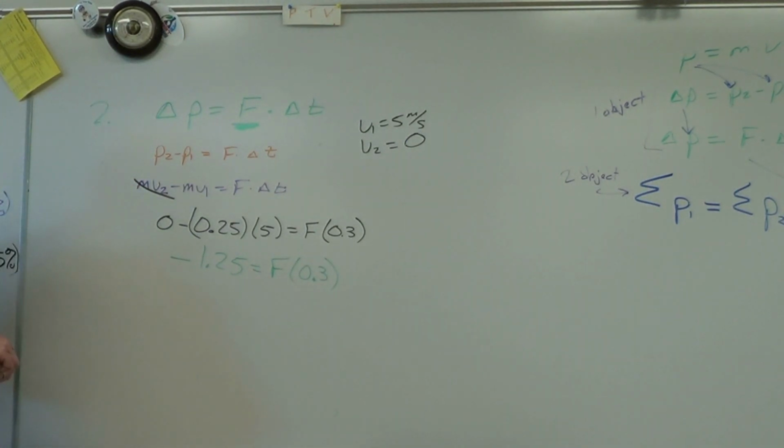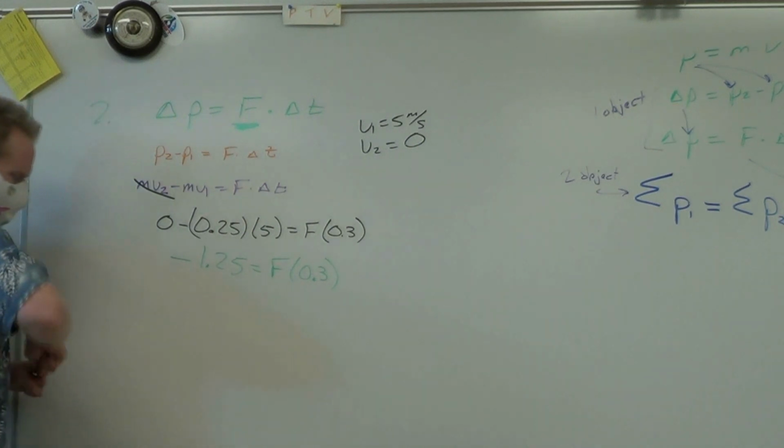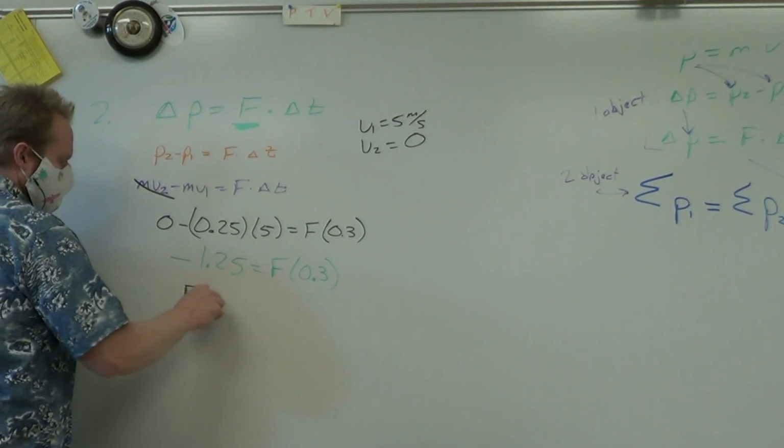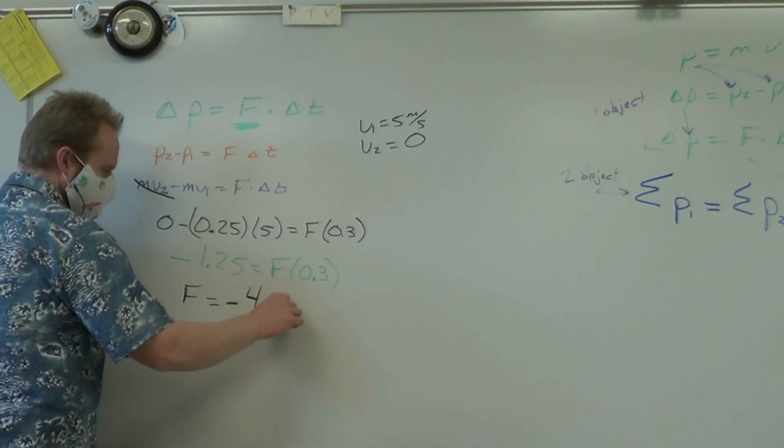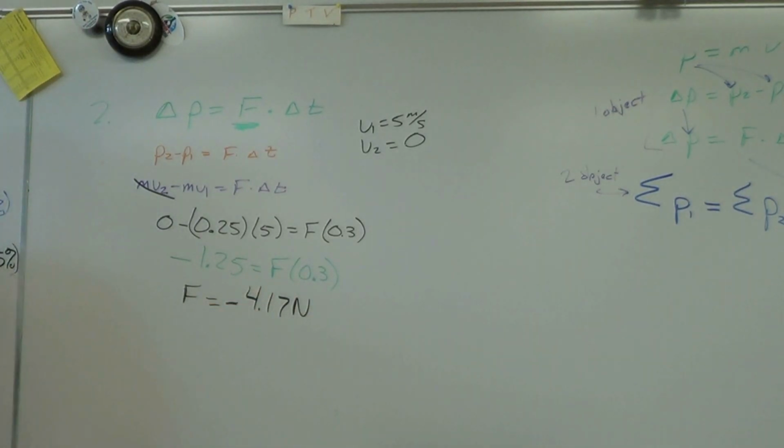Divide both sides by 0.3. And we get a value of negative 4.17. Okay, average force, simply asking you to solve for that.